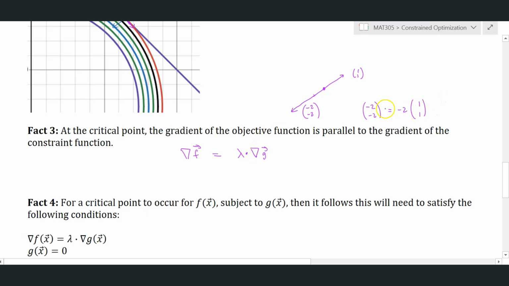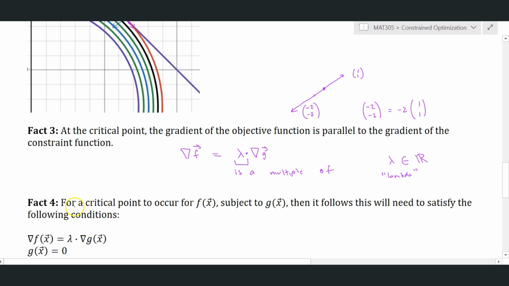You could do this by saying -1/2 of this gives you 1, 1. But let's go ahead and put that multiplier here. And this just means it is a multiple of the gradient of g. And so lambda, this Greek symbol, is just some real number. So I'll just write it like this. It's just going to be some real number.